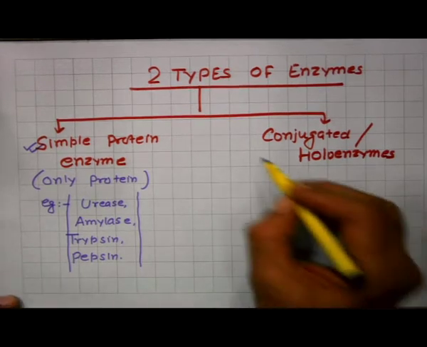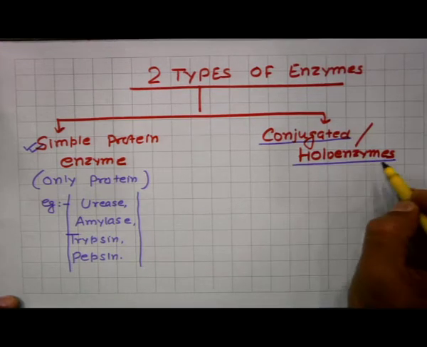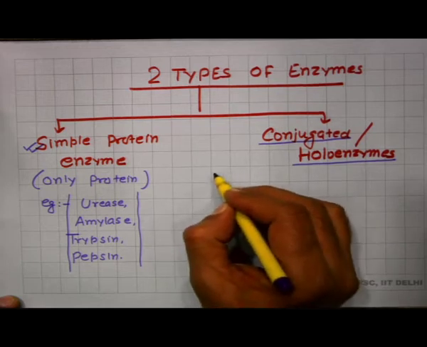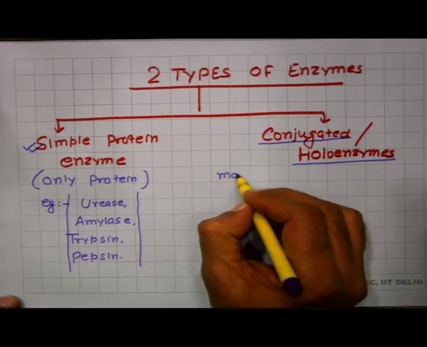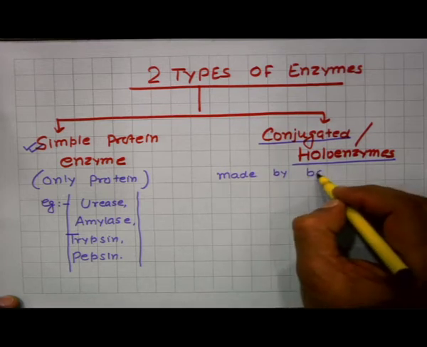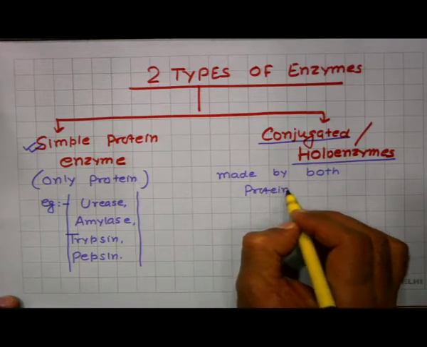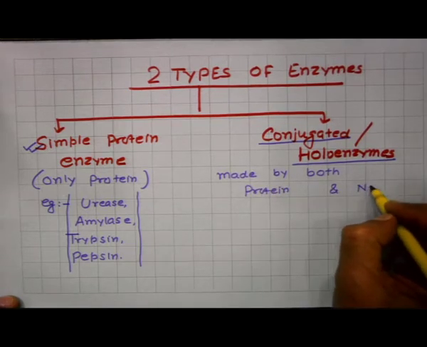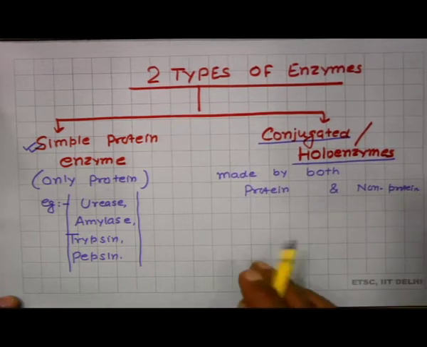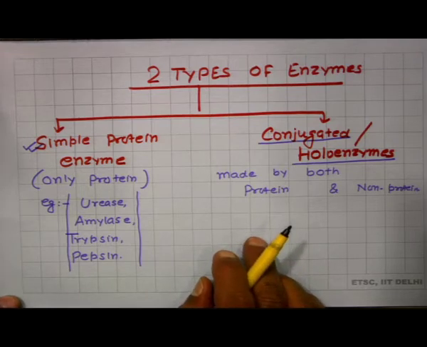Besides the proteinous substance we have already discussed, a non-protein part is also available. So, if the enzymes are made by both protein part and non-protein part, that enzyme is called a conjugated enzyme, or it is also called a holoenzyme.